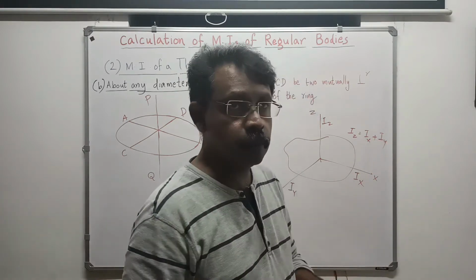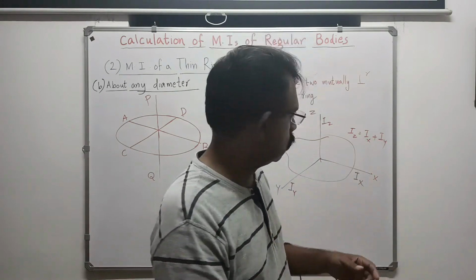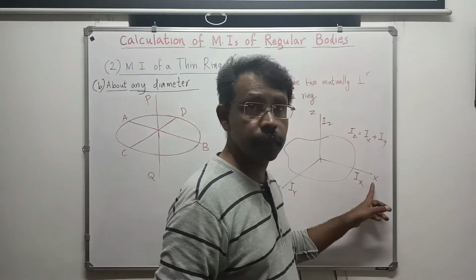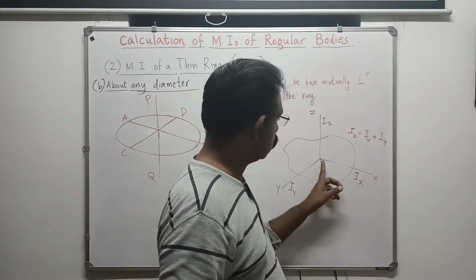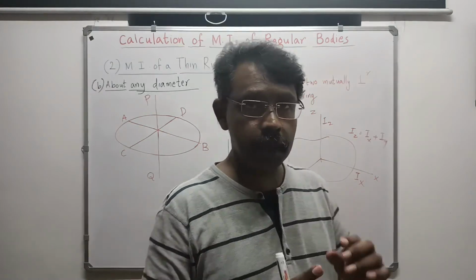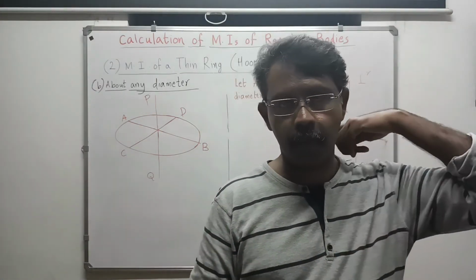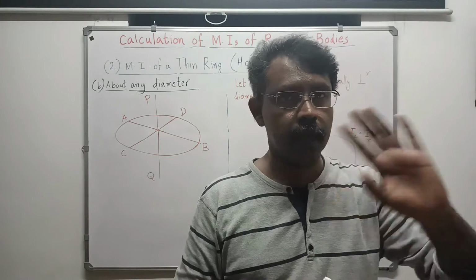So if you take two mutually perpendicular axes, the moment of inertia of the body about this axis plus this axis will give you the moment of inertia of the body about the perpendicular axis. This theorem we have already studied, and this is called the perpendicular axis theorem.